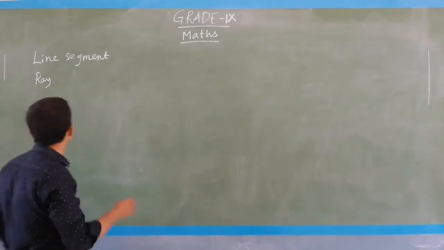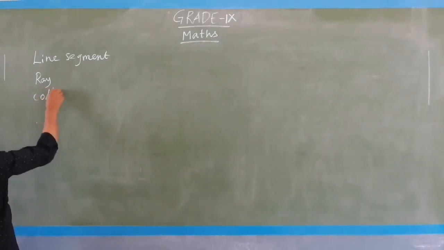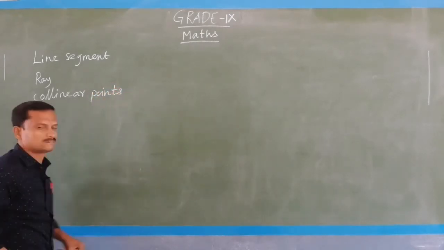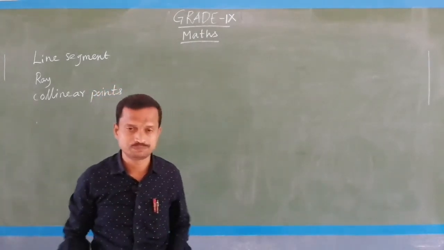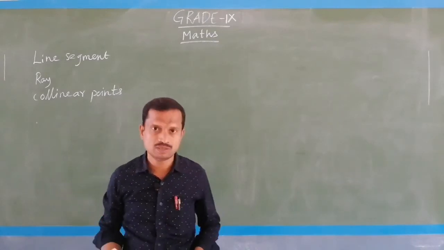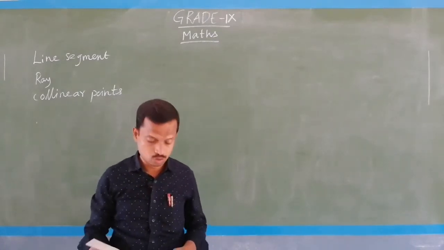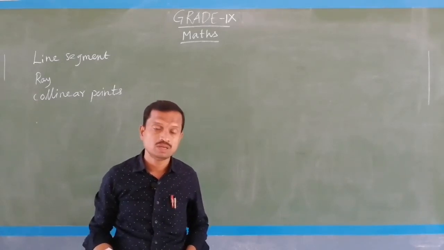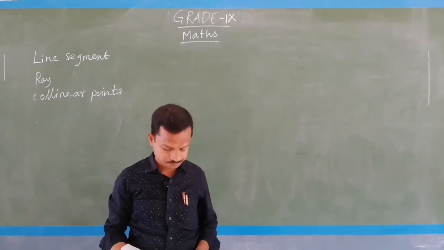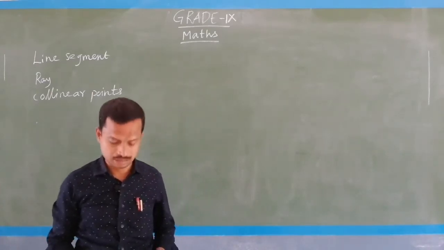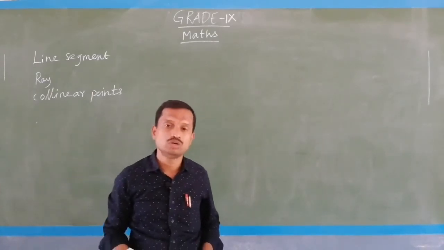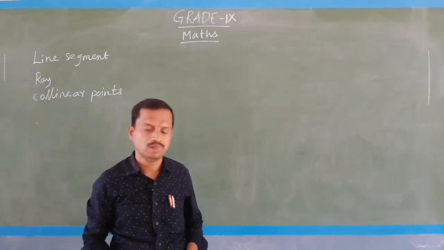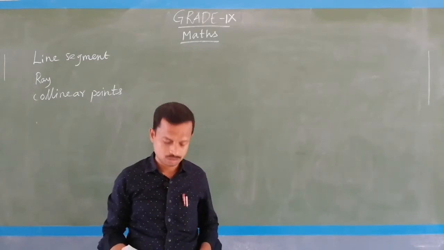In bold letters, the terms are given, so you can see them in the book. If three or more points lie on the same line, they are called collinear points, otherwise they are called non-collinear points. That is also given in the book, you take it.